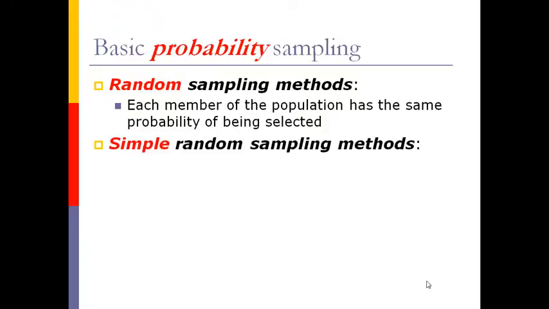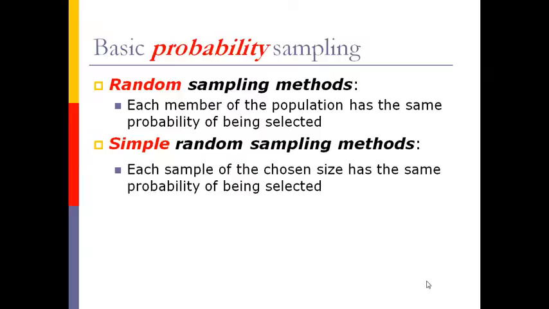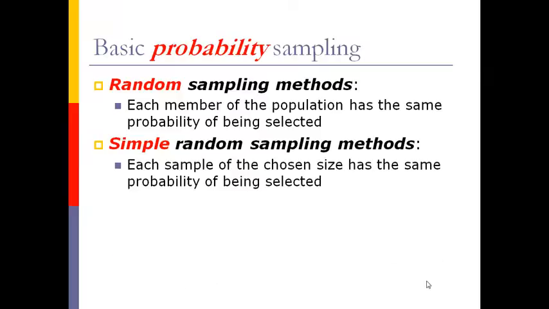Now, there is another more specific way of selecting a sample, which is called a simple random sampling method. And what that is, is any method in which, in fact, not only each member of the population has the same probability, but each sample of a certain size has the same probability of being selected. So this is a bit more stringent kind of condition.